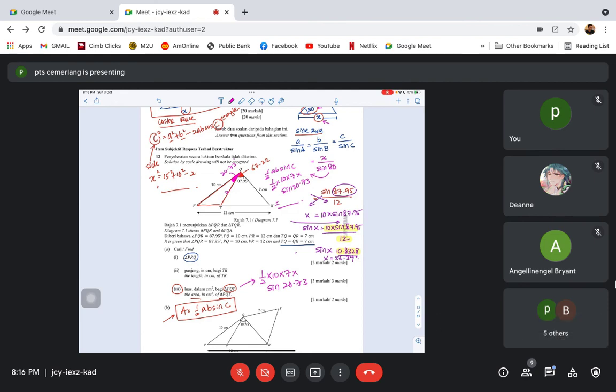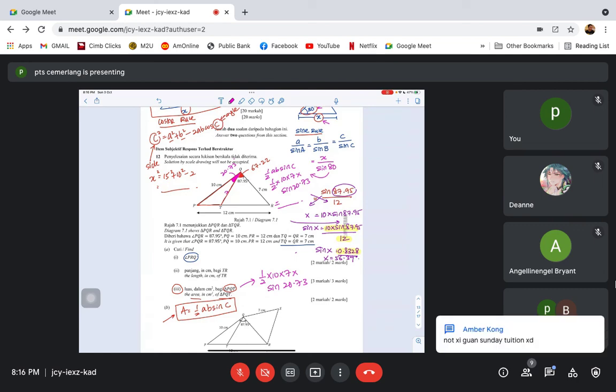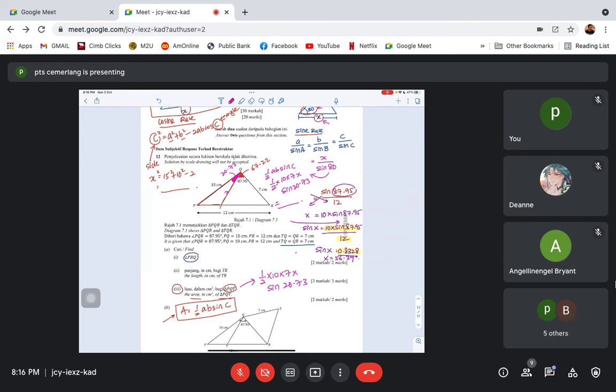Still ada effect, maybe still effect. Kebas left hand. Oh, not sick one Sunday tuition. Oh yeah lah. So yesterday I am so sorry because I have to bring my dad for swabbing kan. And luckily lah, turns out to be negative lah. Kalau my dad something happened to my dad kan, then my whole family will have to go for swab test also. So luckily lah thank God lah, yang dia pun negative, and we are also safe lah.